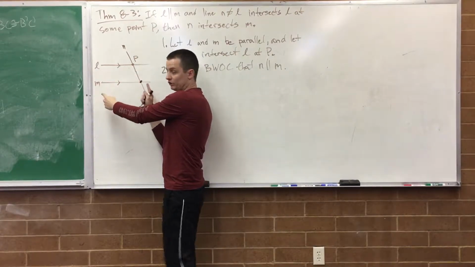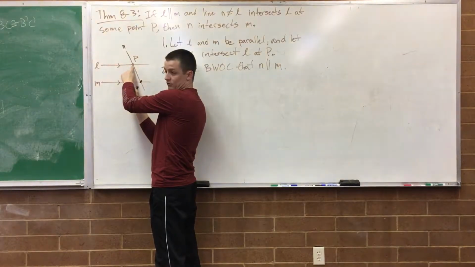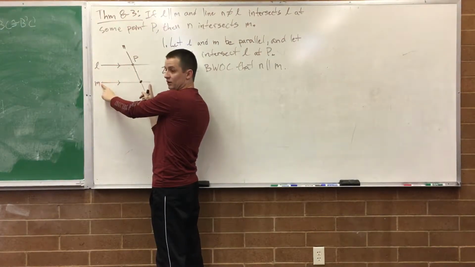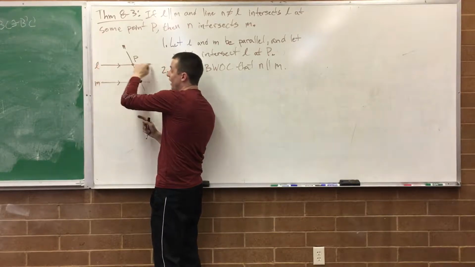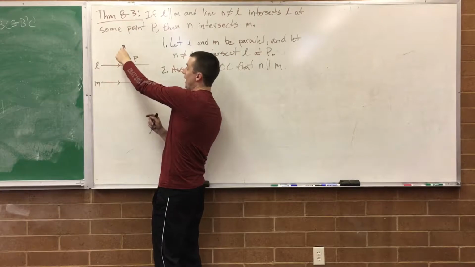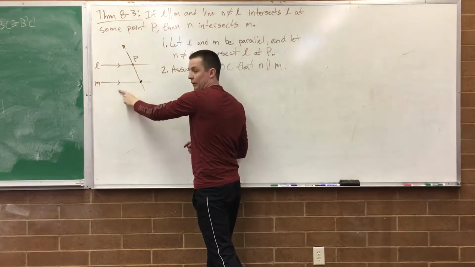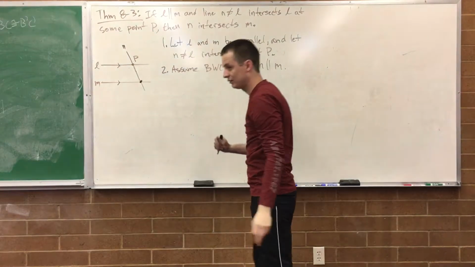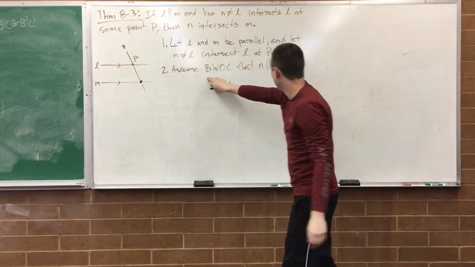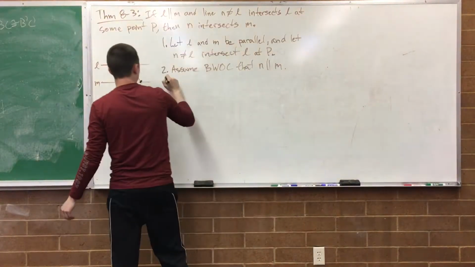What does our parallel postulate say? It says if we have a line and a point P not on the line, then there's only one line through this point parallel to this line. So N can't be parallel to M because L is already parallel to M. Does that make sense? All right. So assume by way of contradiction that N is parallel to M. 3.